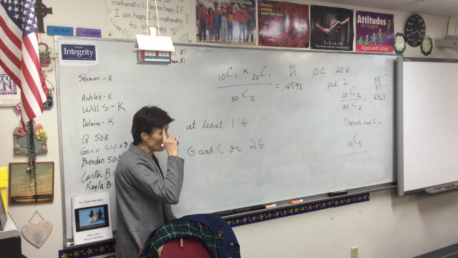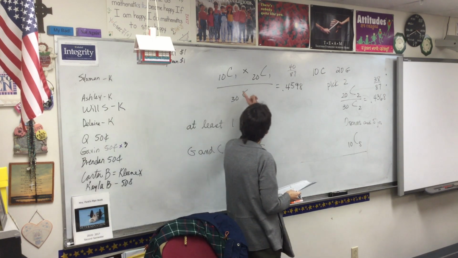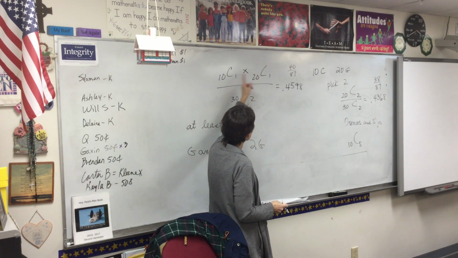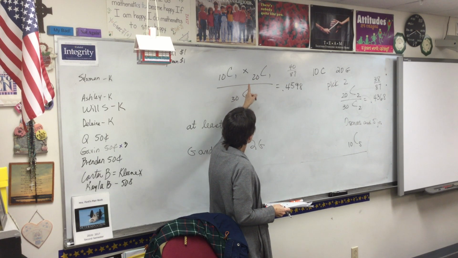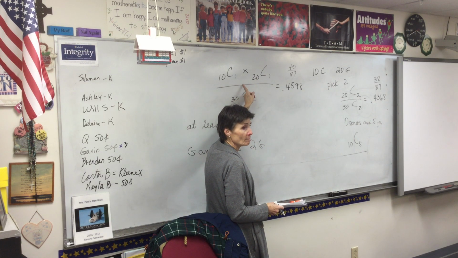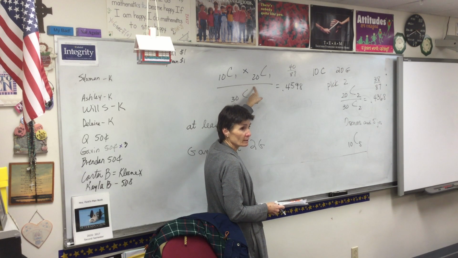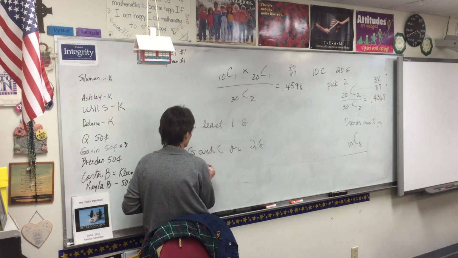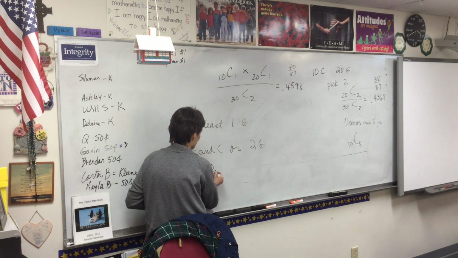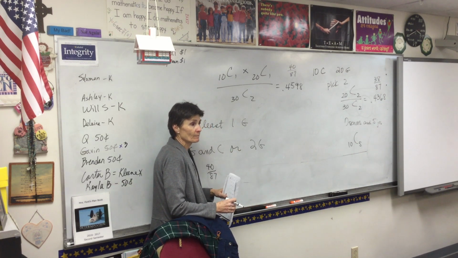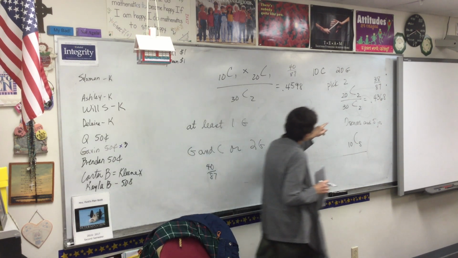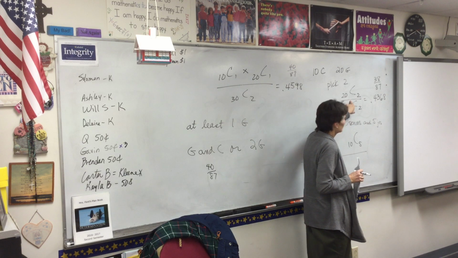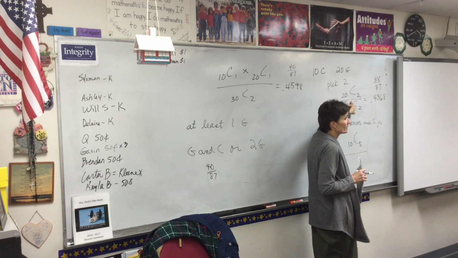Now let's put our thinking caps on. What did we just do? What was this answer? That was 1 gumdrop and 1 chocolate. So this one is going to be 40 over 87. So I already did that. And what was this one over here? No chocolates.